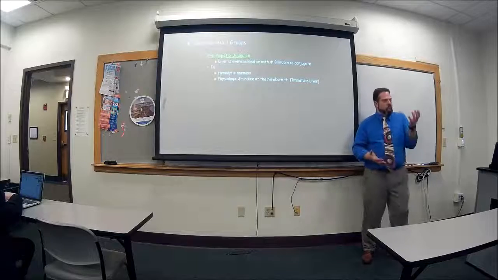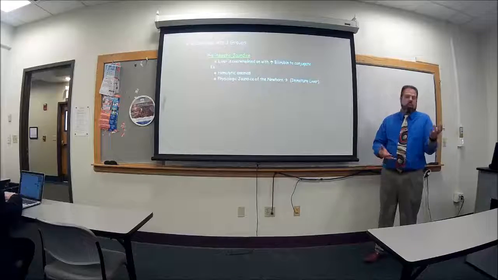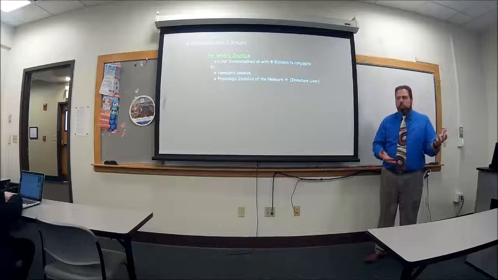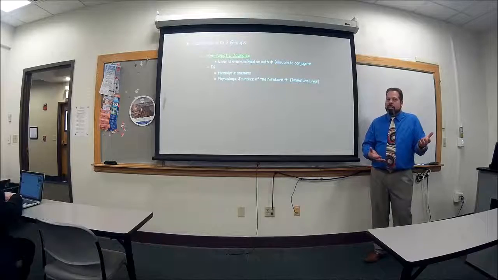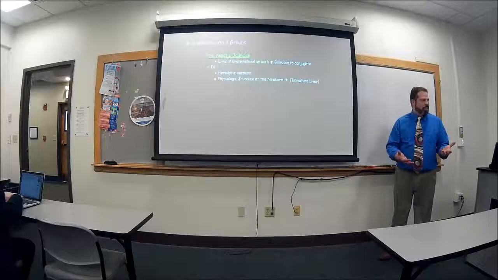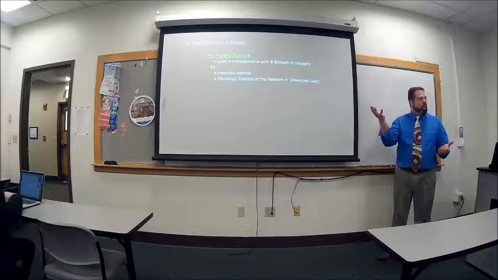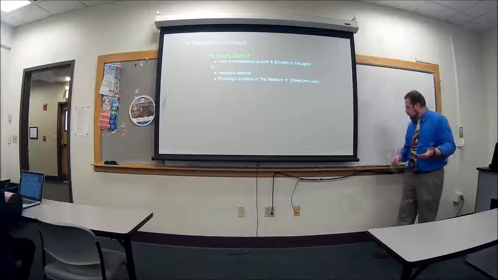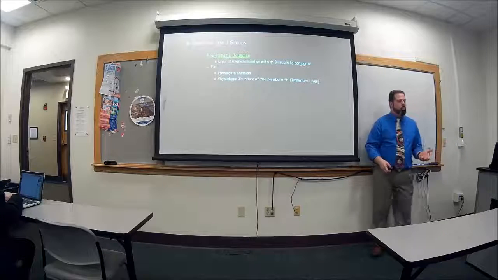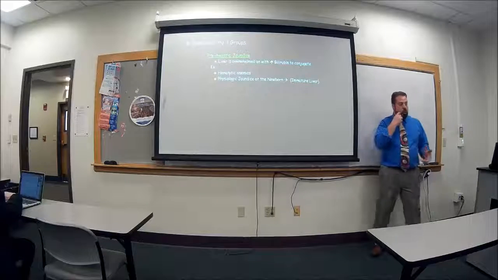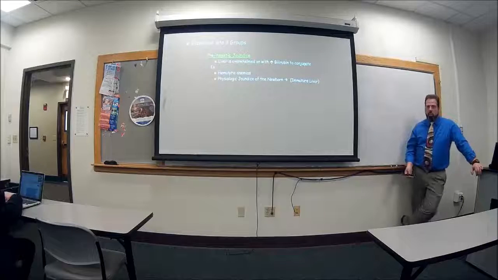So if it normally takes 100 molecules of bilirubin, but now it's immature, it can only take 20. So therefore, you're going to increase the unconjugated bilirubin in a newborn. That's why we see a lot of newborns that are jaundiced.